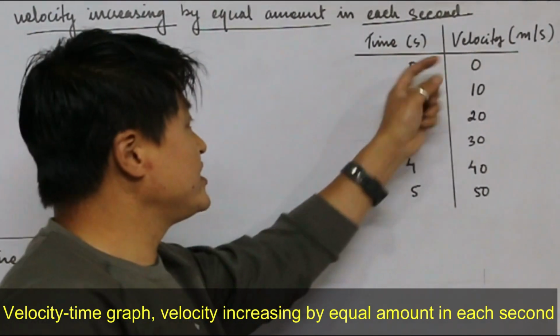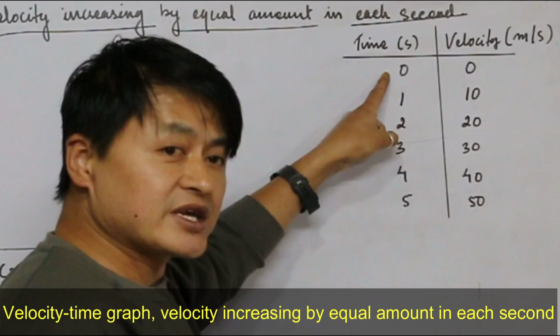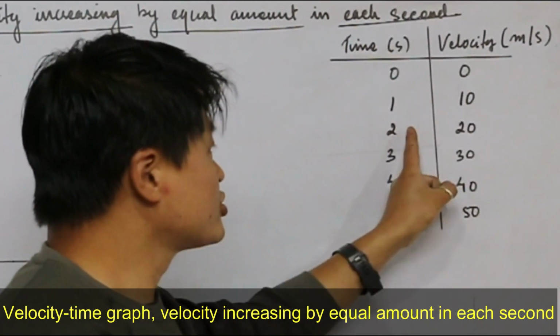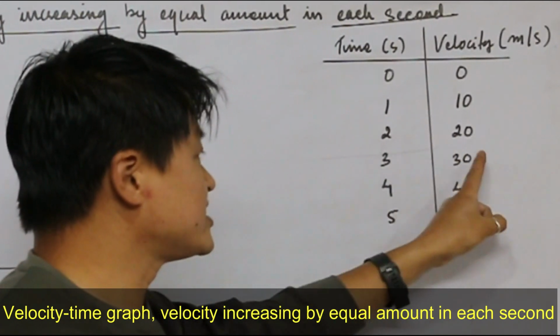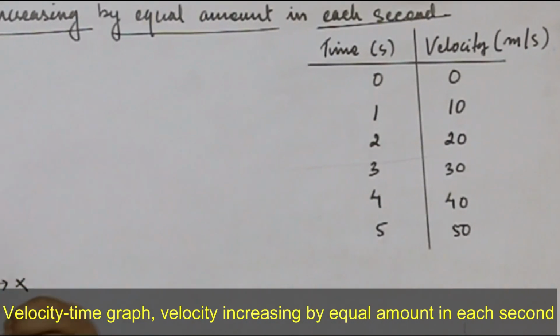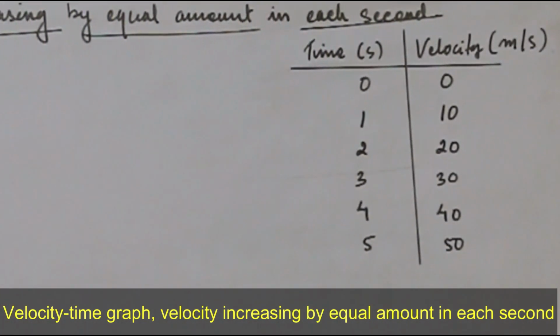I have made a table here, time in seconds, velocity in meter per second. At 0 seconds the velocity is 0, at 1 second it is 10, at 2 seconds it is 20, at 3 seconds it is 30. So the velocity is increasing by an equal amount in each interval of time.